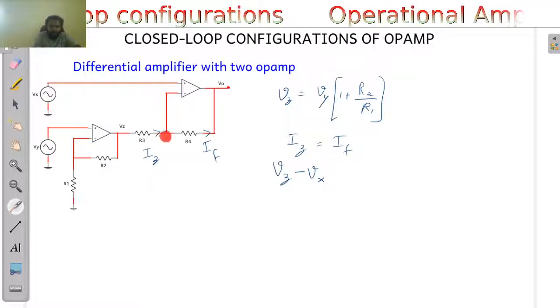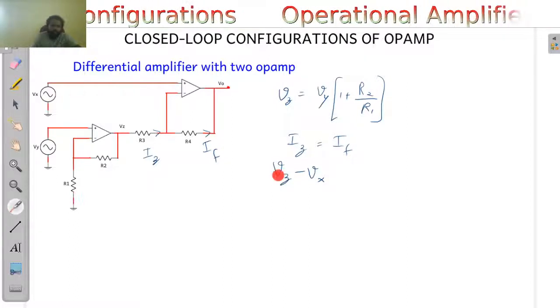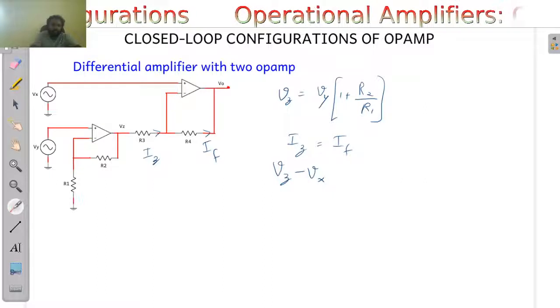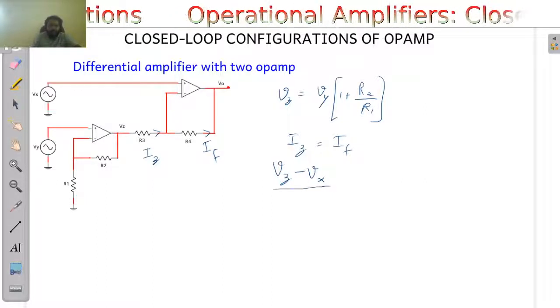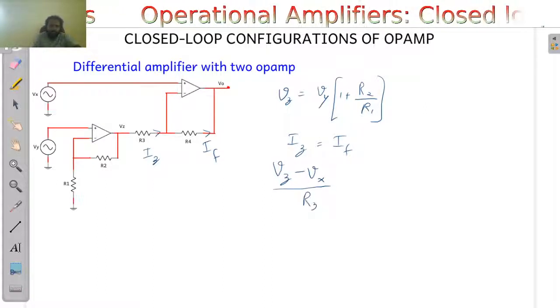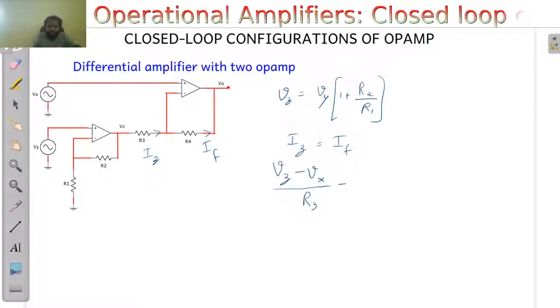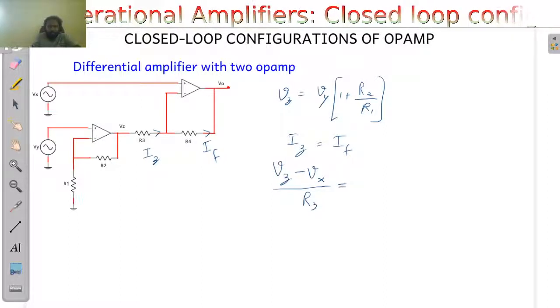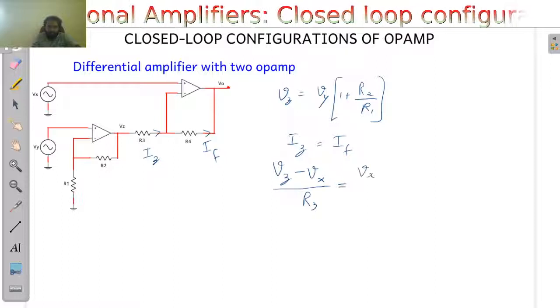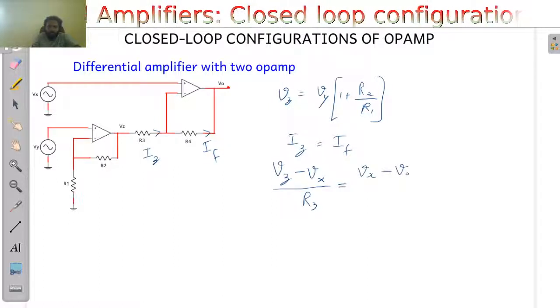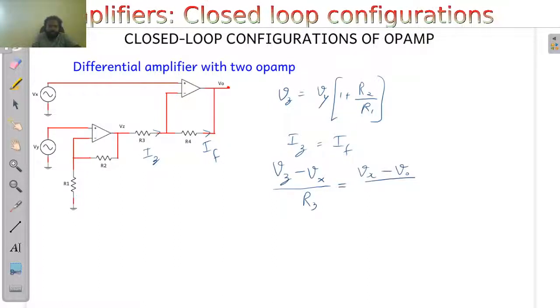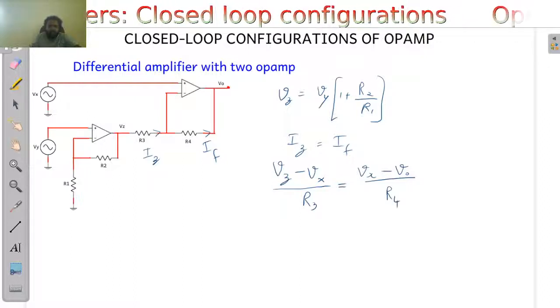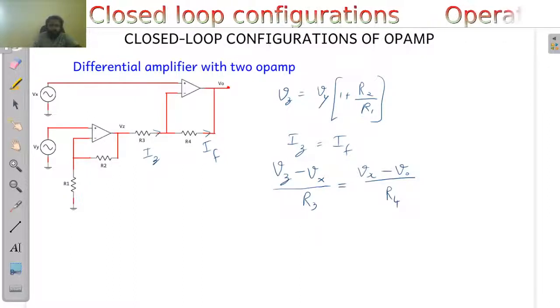So I write Vz minus Vx divided by R3. That defines my Iz, and that is equal to Vx minus Vo divided by R4. That defines my If.